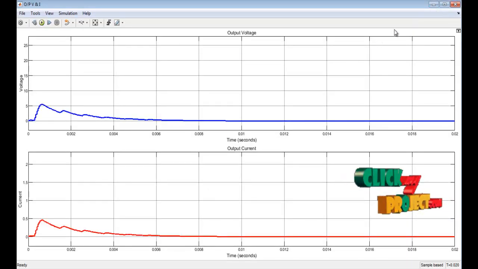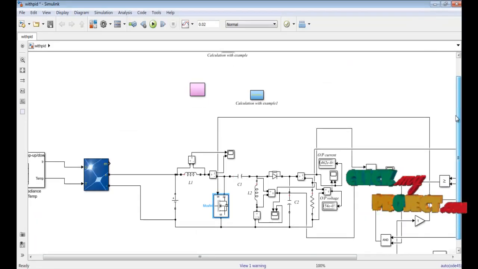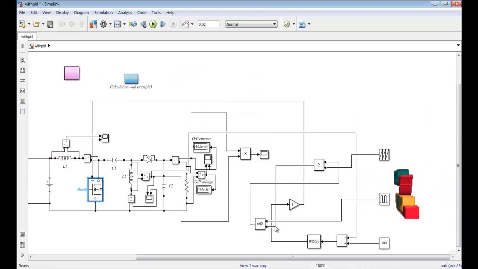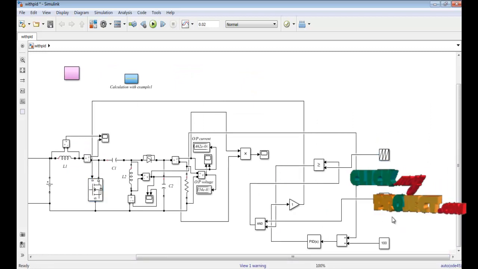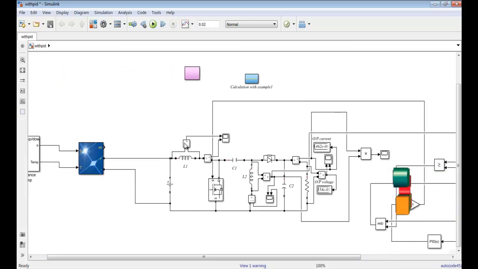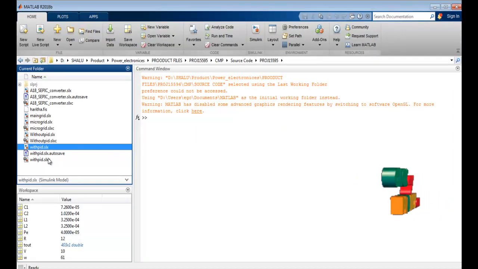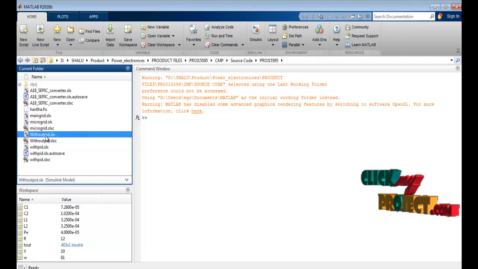The outputs are power, voltage and current. It calculates the PID, based on the PID, with a sawtooth repeating sequence and a pulse generator. This is a constant value adder. After that, this is without PID.